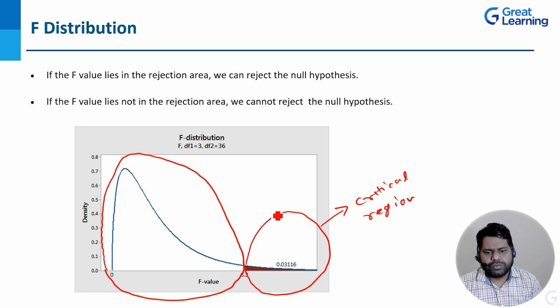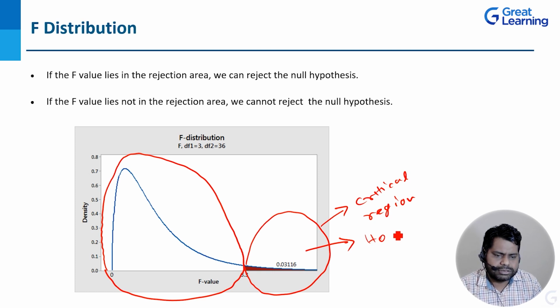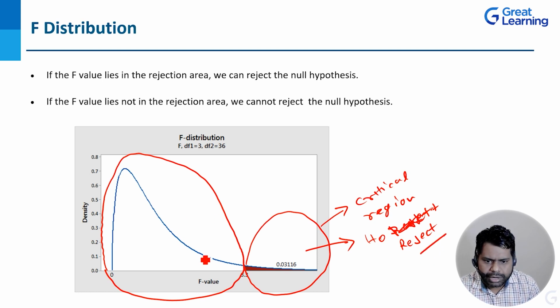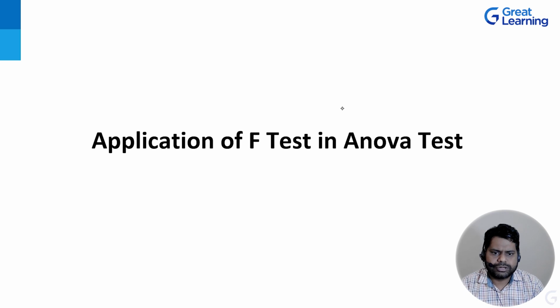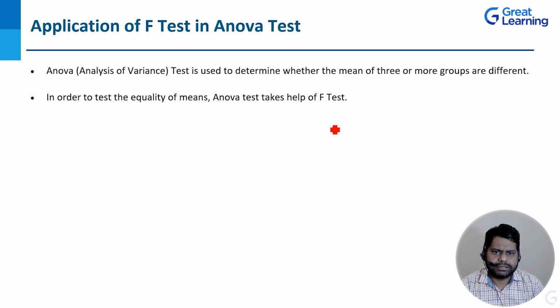Now in this critical region, if your calculated F value lies within this range, on this right side, then you can reject the null hypothesis. Or if it lies towards the left of the red region, then you can say accept the null hypothesis.